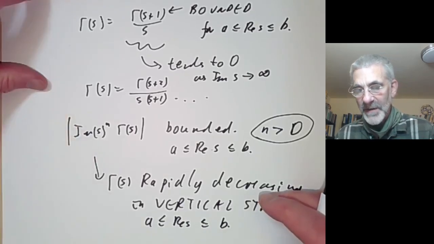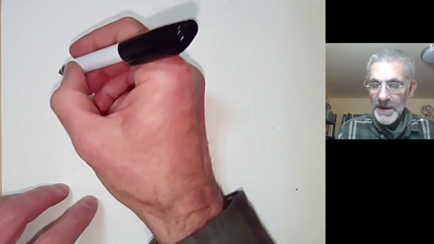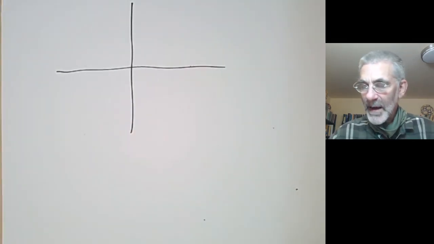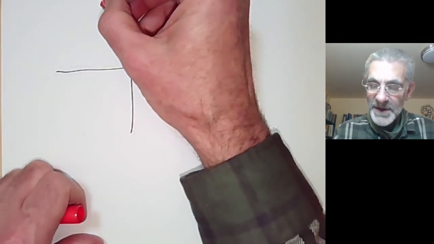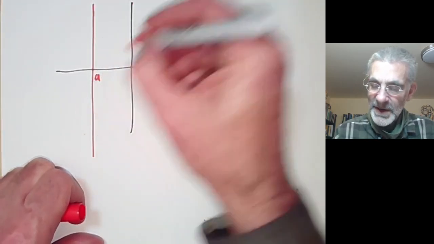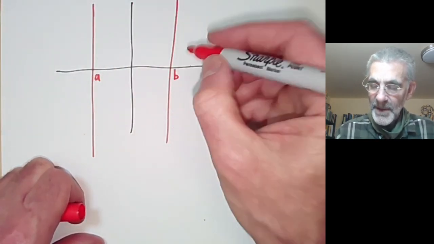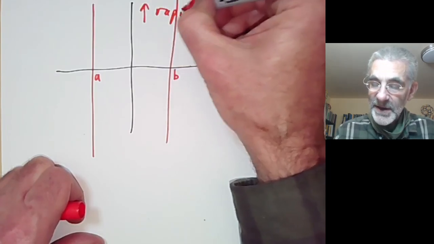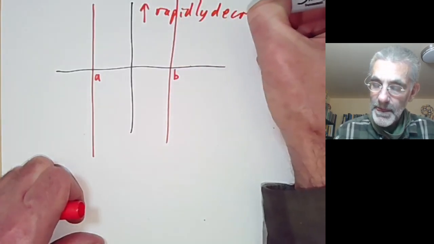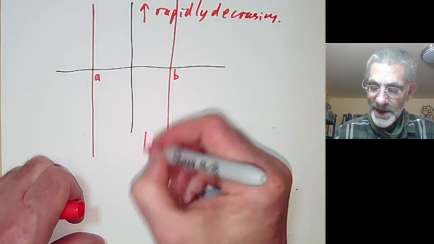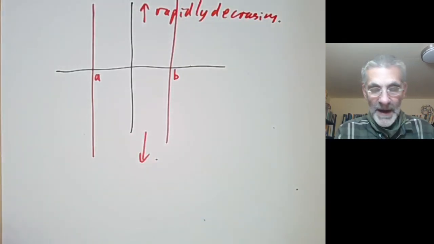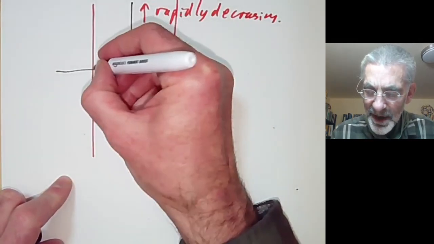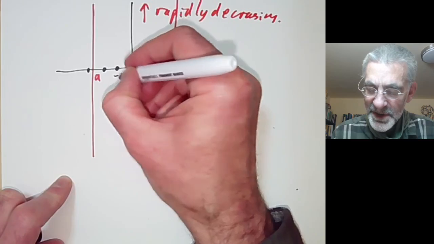So a picture of it looks something like the following. So here we've got the plane, and if we take any vertical strip, so we might take a point A and a point B here, then it's rapidly decreasing, and it's also rapidly decreasing as you go there. And it's bounded except that you've got these poles at various points 0, minus 1, minus 2.